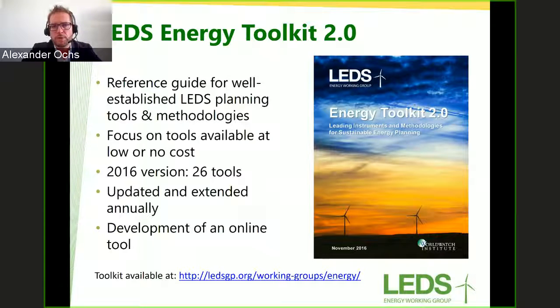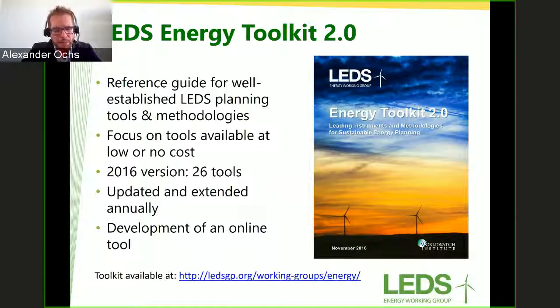There is a focus on tools that are available at low cost. Actually, most of them are free, at no cost. In the 2016 version from less than a year ago, November last year, we assembled 26 tools. It's the Toolkit 2.0, meaning it's the second edition. So we came out with the first with about 20 tools.